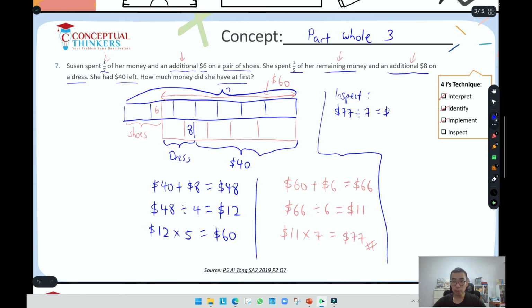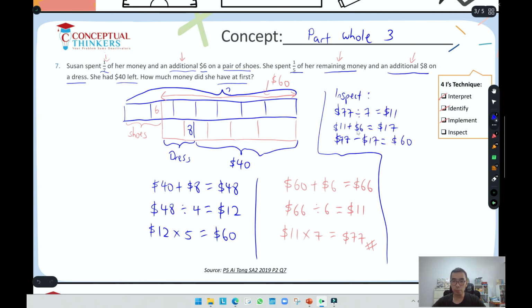So I'll get 1 unit as $11. Okay, $11. Then I will take $11 plus $6. That will give me $17. Then take my $77, the total, minus away $17. That will give me $60.